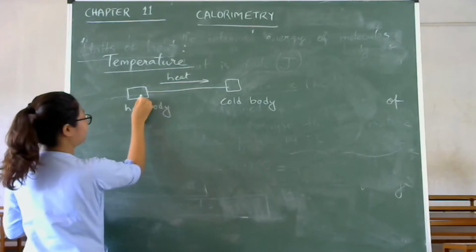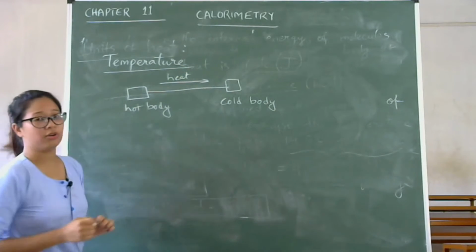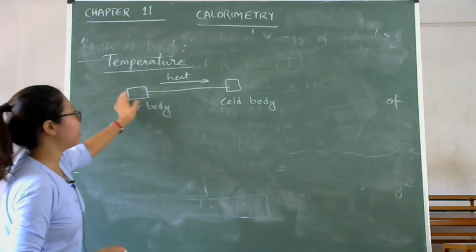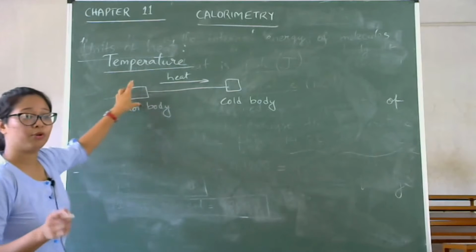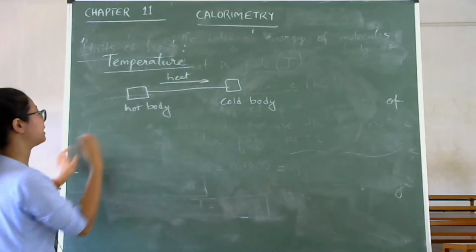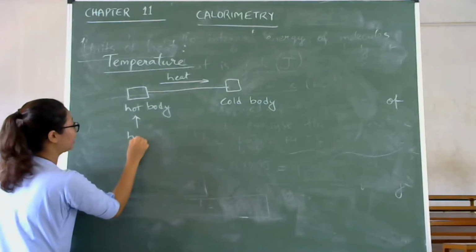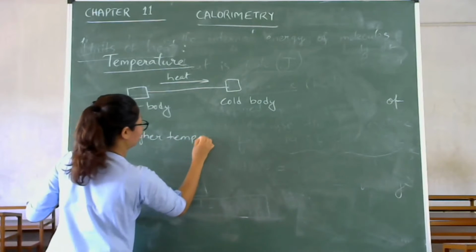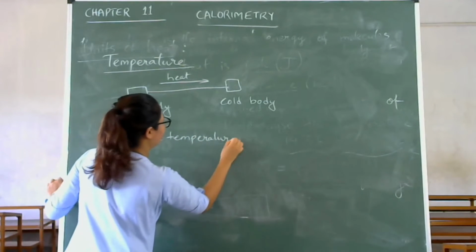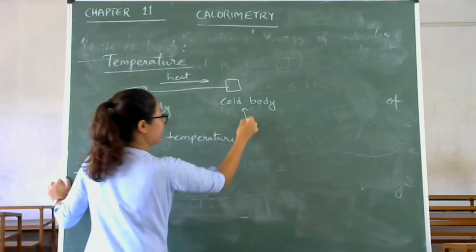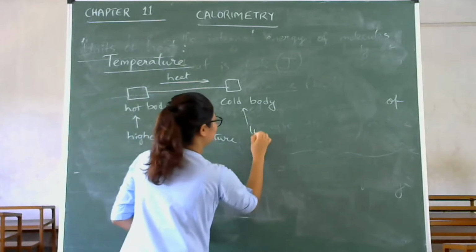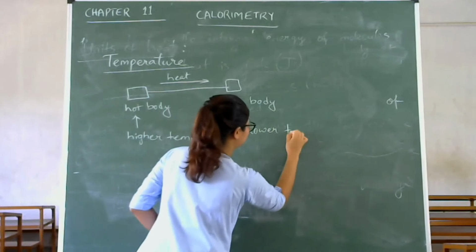The body which imparts heat, which means the body which gives heat, is said to be at a higher temperature. And the body which accepts or receives heat is said to be at a lower temperature.